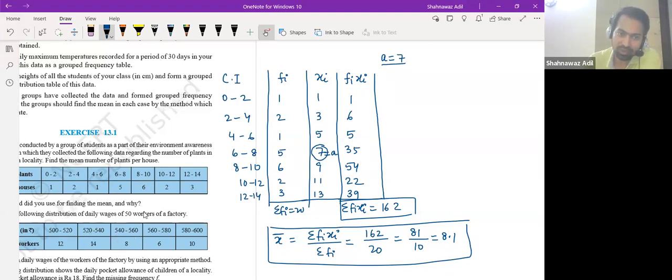Okay, okay. So yeah, what we did, we had a class interval and we had some frequencies, right? So number of houses, these are the frequencies, and these are the class interval. So from class interval, we calculate class marks, right? So that class mark is lower plus upper by 2. So we calculated class marks and then we calculated the product of frequency and class marks. So 1 into 1, 2 into 3, 1 into 5, 5 into 7.